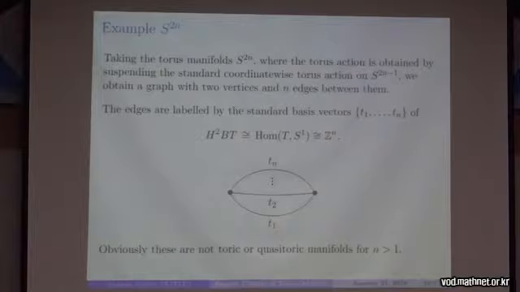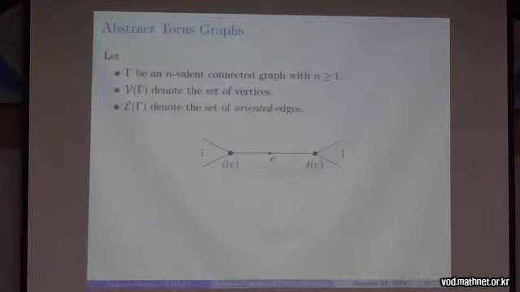And so we get a graph with exactly two vertices, and n edges between them. So we can label these by the standard basis vectors of Zn. So this is a torus manifold that's, as I said, not toric or quasi-toric for n larger than 1.